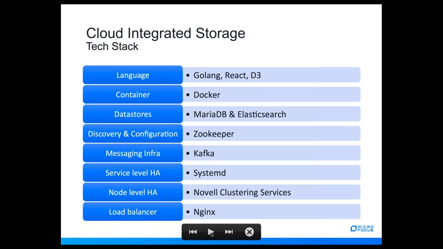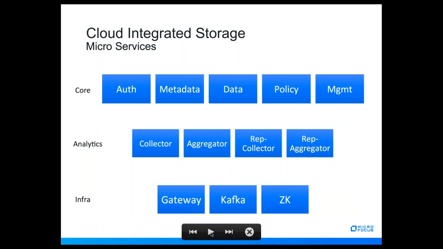All of these microservices run as containerized applications, and these are the various microservices that comprise CAS. You can learn a lot more about it as you start to play with this capability in the future.